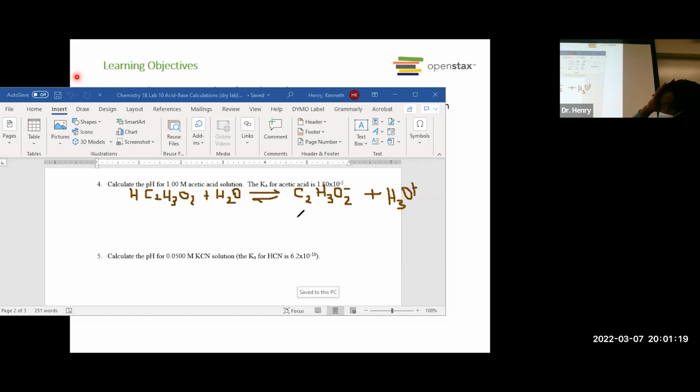And then an ICE table. That's right, ICE table. Okay. Starting concentration of acetic acid. Change.